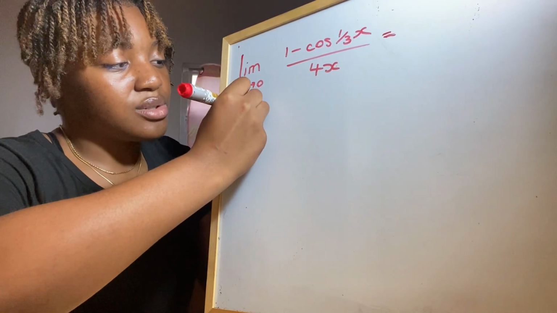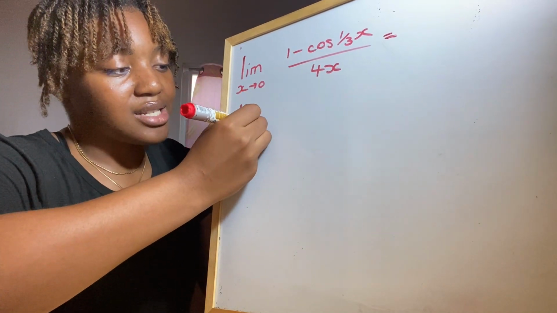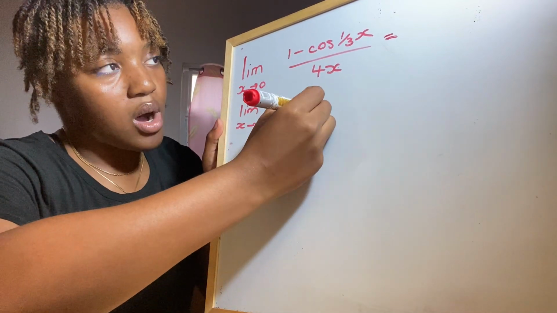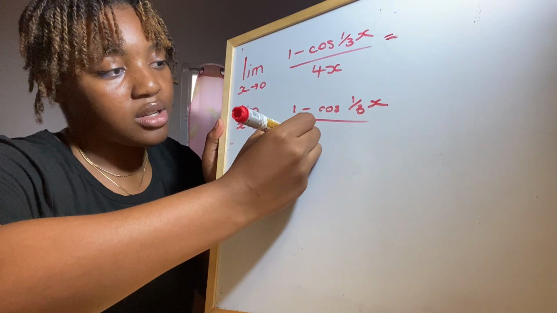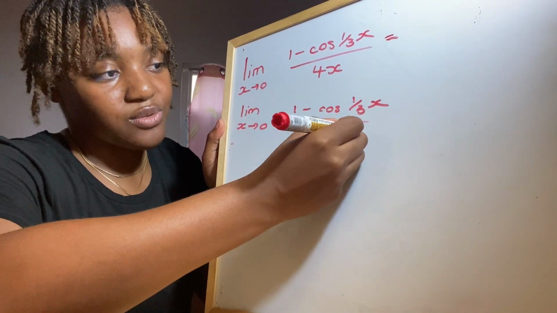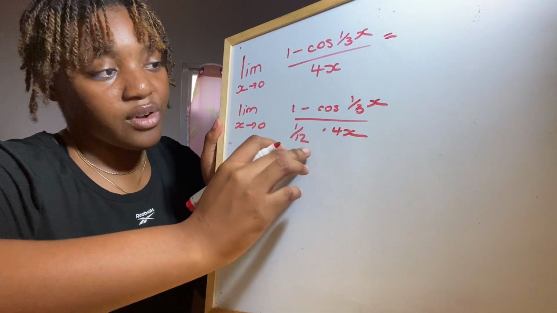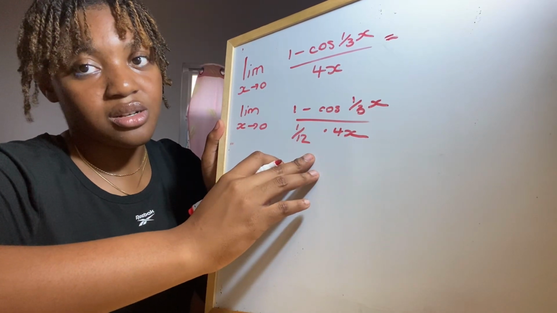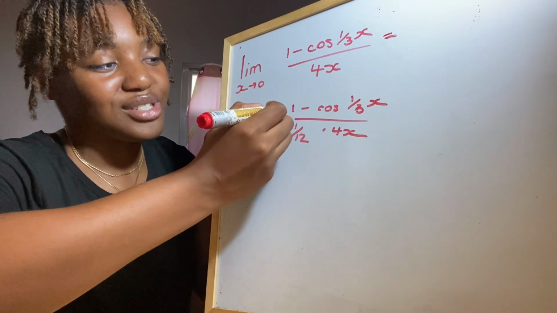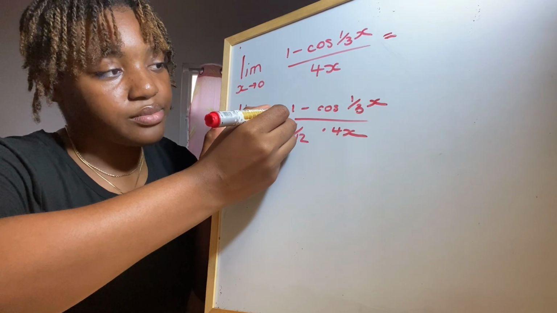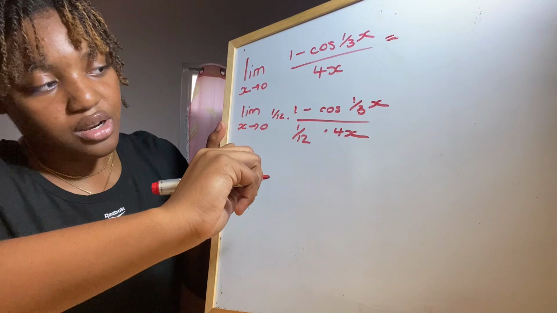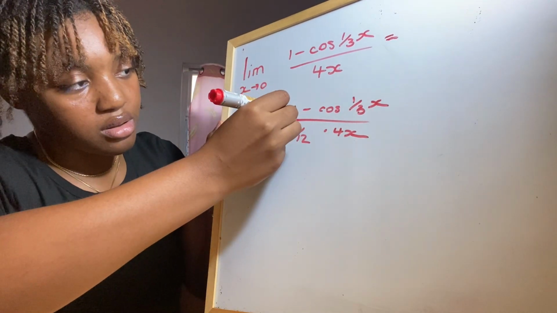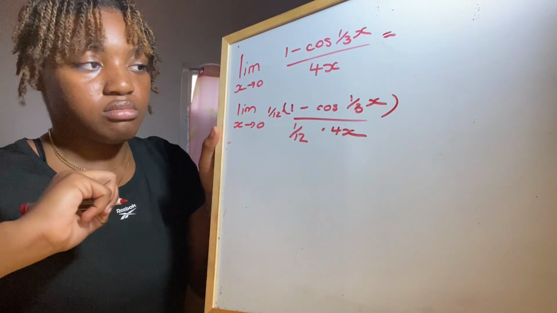So that's what we're going to do. Write back the limit as x approaches 0 of 1 minus cos 1/3 x over 1 over 12 times 4x. Whatever we do in the denominator, we have to do in the numerator. So I'm going to put the 1 over 12 right here in the numerator, in brackets.